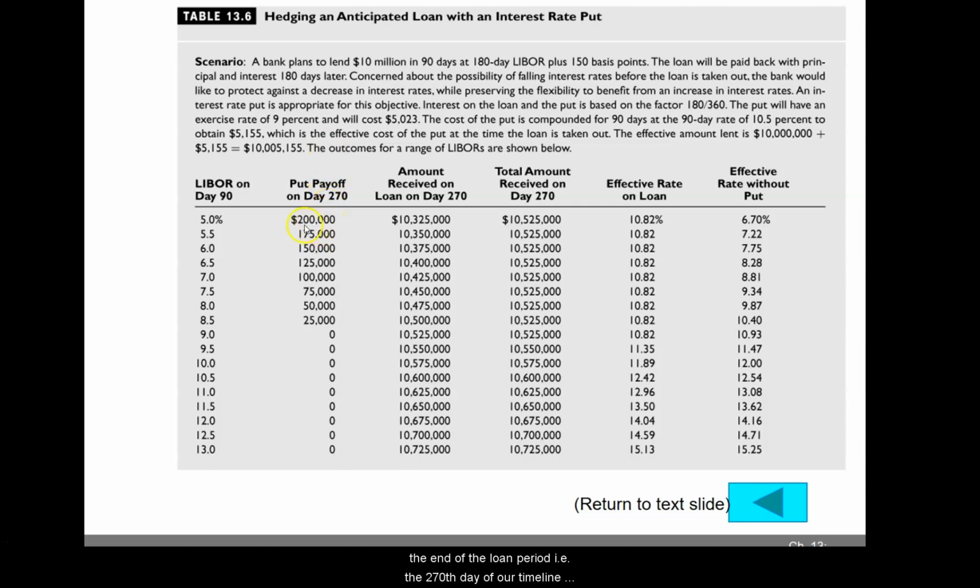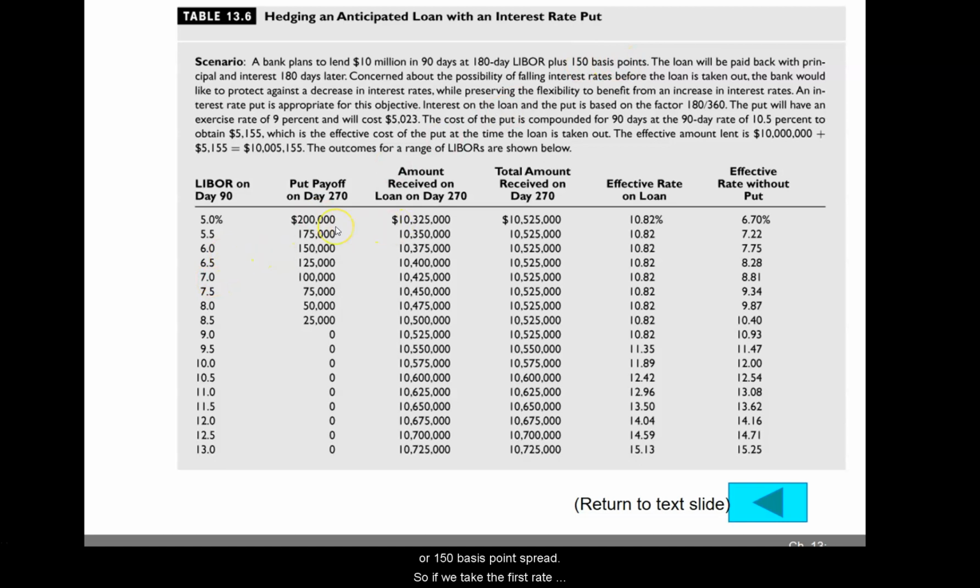And this is calculated based on a 180-day loan period. So we see that the lower is the interest rate, the higher is the payoff on the interest rate put, and it means that the lower will be the amount of interest that the lender will earn in the spot market from lending 10 million at the spot rate plus the 1.5% or 150 basis point spread.